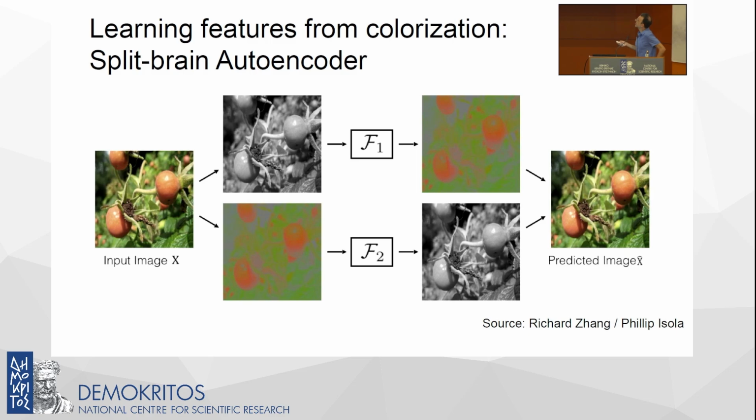You take your image, you have the grayscale part, you have the color channels part, and then you train a pair of networks. So F1 is going to predict the color from grayscale, and F2 is going to do the reverse. And so now you have a pair of networks that basically process your whole input.